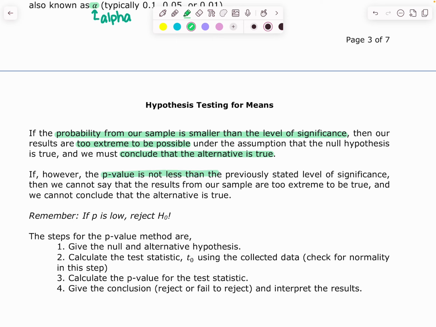If the p-value is not less than the level of significance, then we cannot say that the results are too extreme to be true, and we cannot conclude that the alternative is true. So this first case is where we reject the null hypothesis, and the second case is where we do not reject the null hypothesis. We have our fun rhyme. If P is low, reject H0.